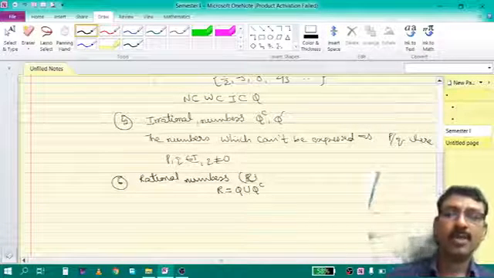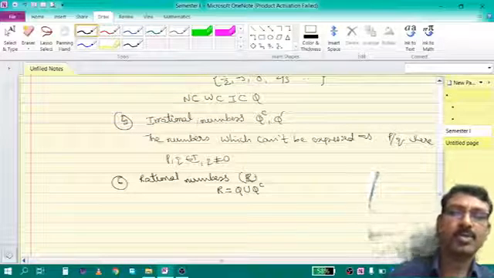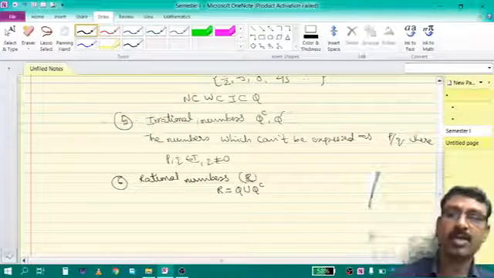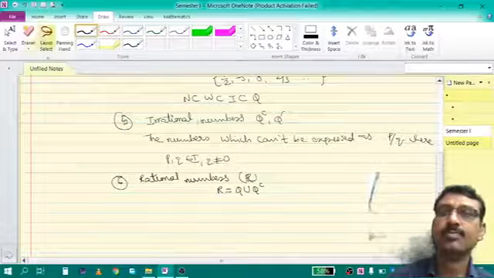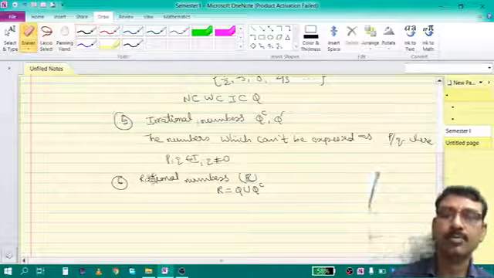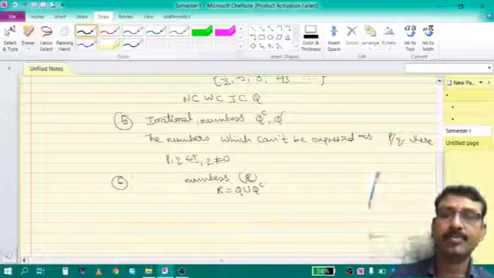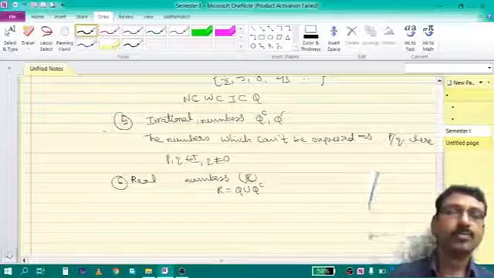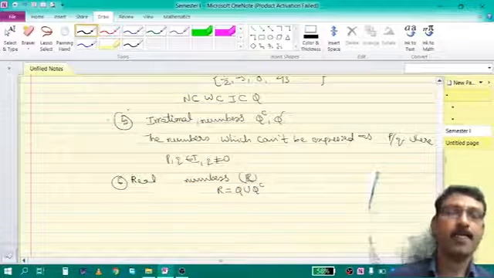So the set of rational and irrational numbers together forms real numbers, not rational numbers, it's real numbers. Consider the universal number sets.